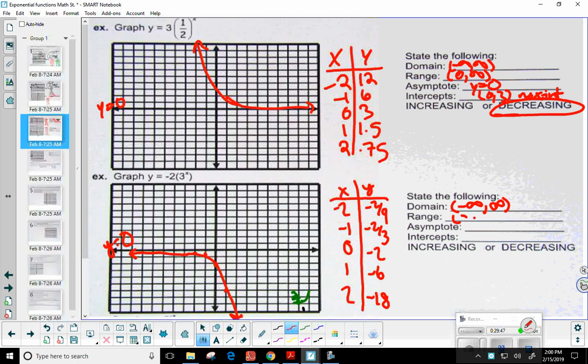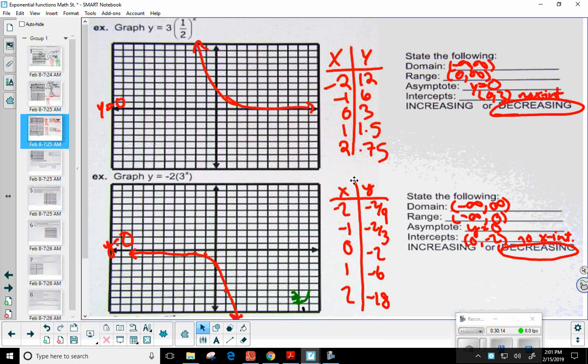There we go. So it's going to cap out at the asymptote this time. Negative infinity to 0. Asymptote y equals 0, the x-axis. The intercept is 0, negative 2. No x-intercept. And this is still decreasing.